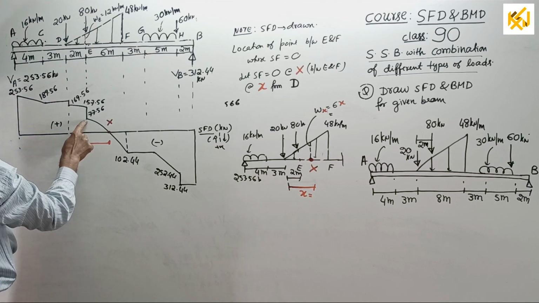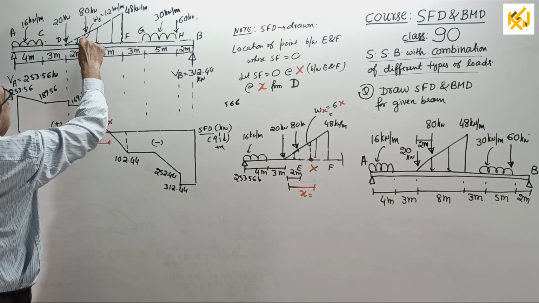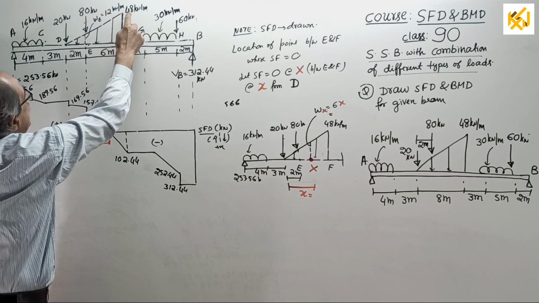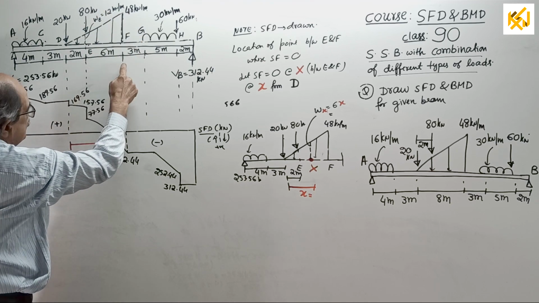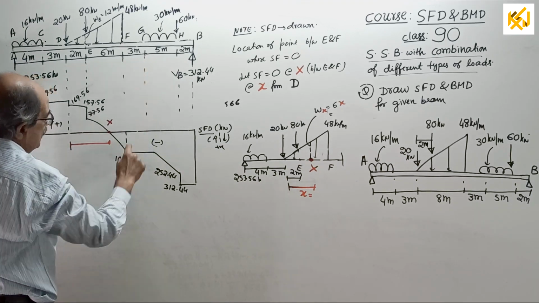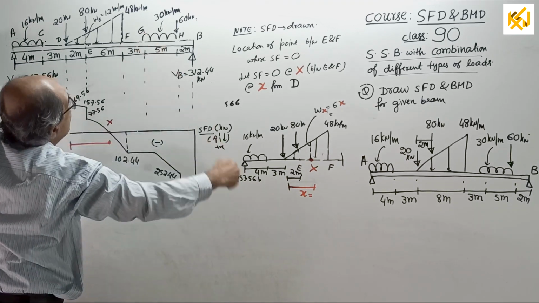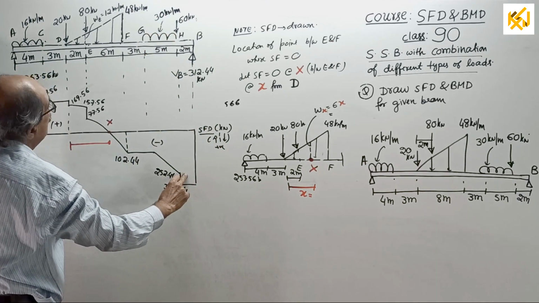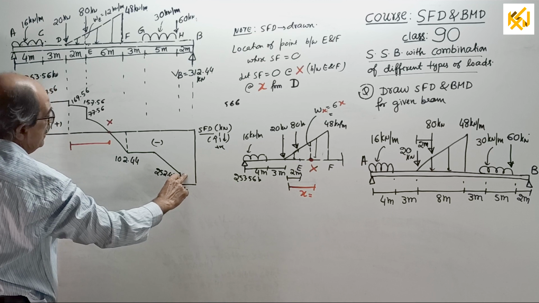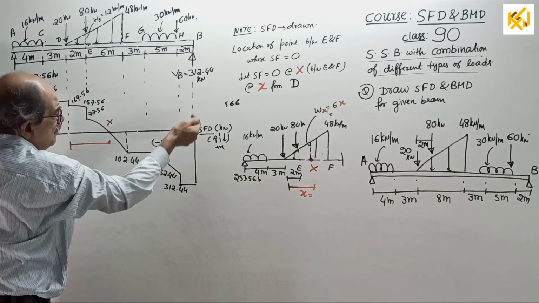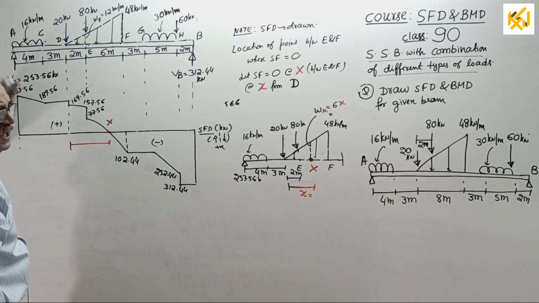Down by 80, 77.56. Again, come down by this much load, 12 plus 48 divided by 2 into 6. It will come to minus 102.44. No load here, parallel. Gradually, linearly come down by 30 into 5, 150 down, 252.44, suddenly down by 60, and then back here. This is the shear force diagram.